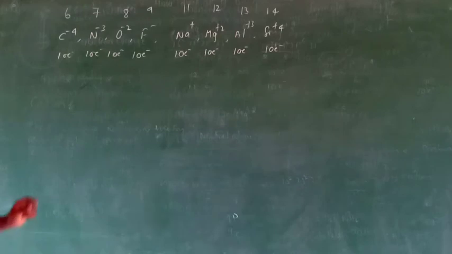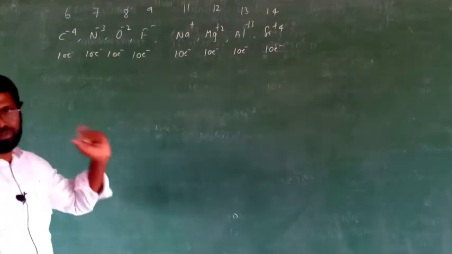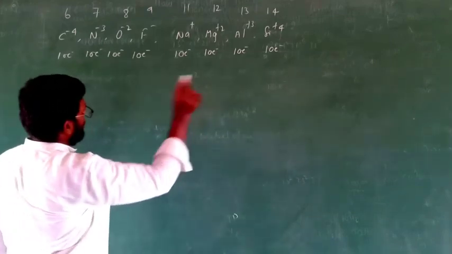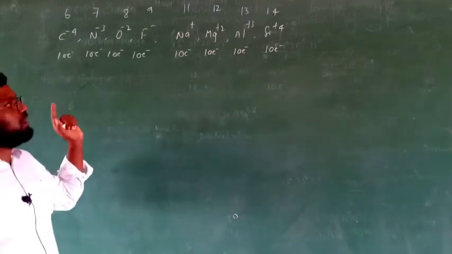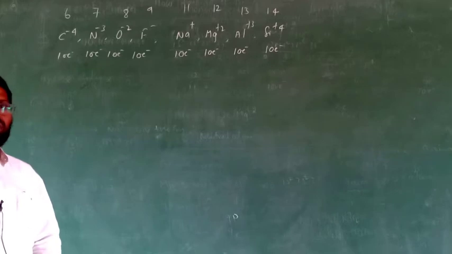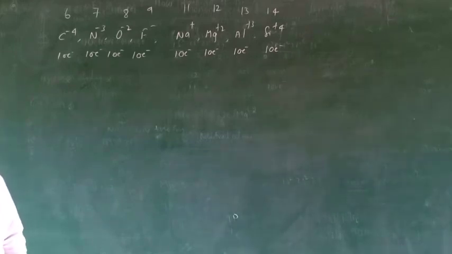Now the question is, why are these called isoelectronic species? Because all have the same number of electrons. Among these isoelectronic species, which is the largest one, which is the smallest one? Can you predict?